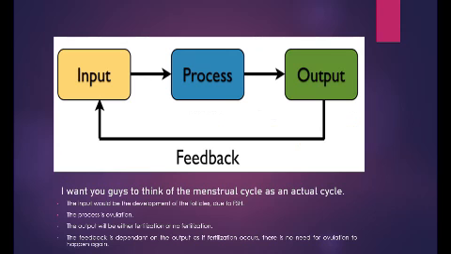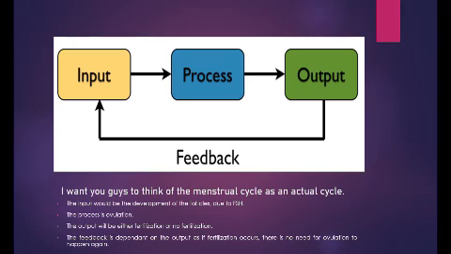And I want you to think of the menstrual cycle as an actual cycle, or even a system. The input would be the follicles and the development of the follicles, which is due to FSH. That's what starts the whole thing. The process would be ovulation, because ovums need to be made every single month unless there would be a baby.